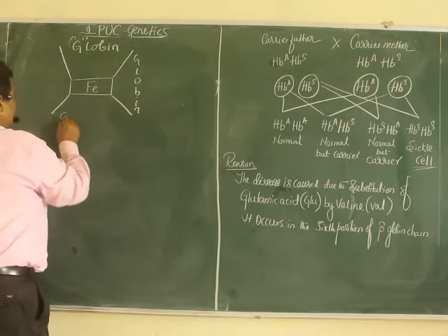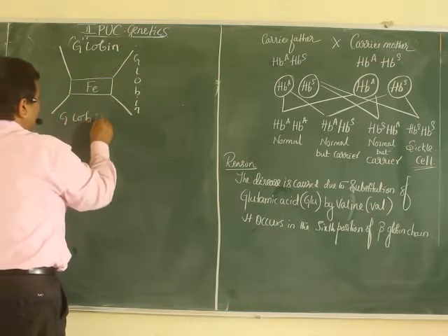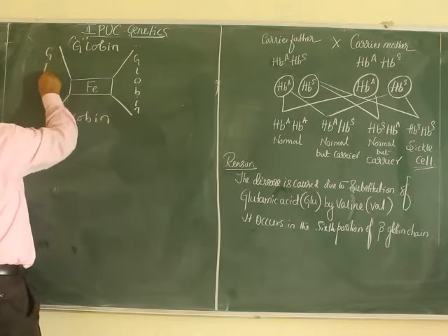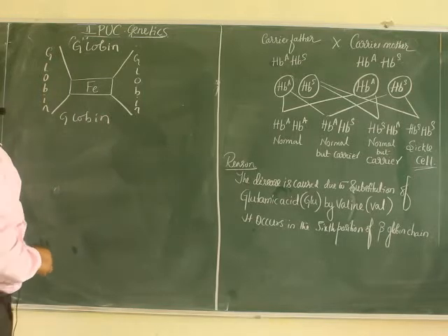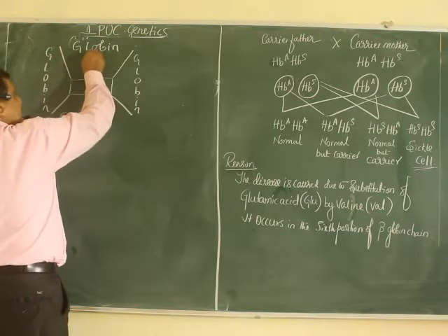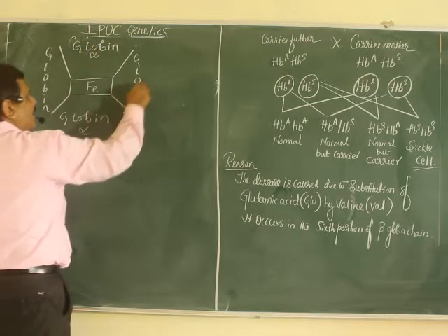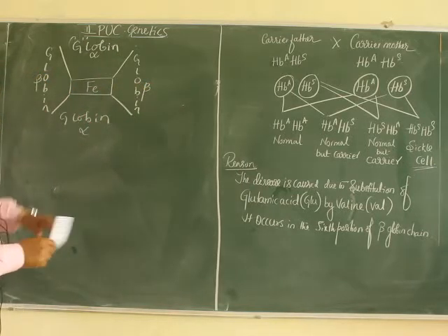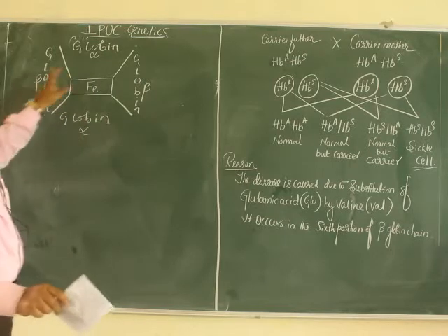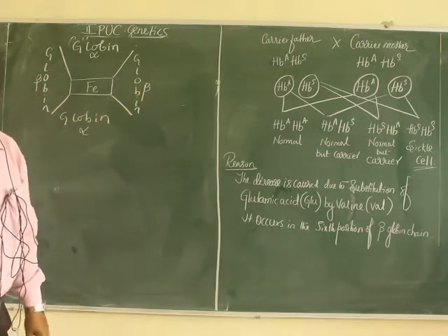Imagine that this globin protein is called alpha chain here, and there will be two beta chains. There will be two alpha chains and two beta chains. Is it clear?